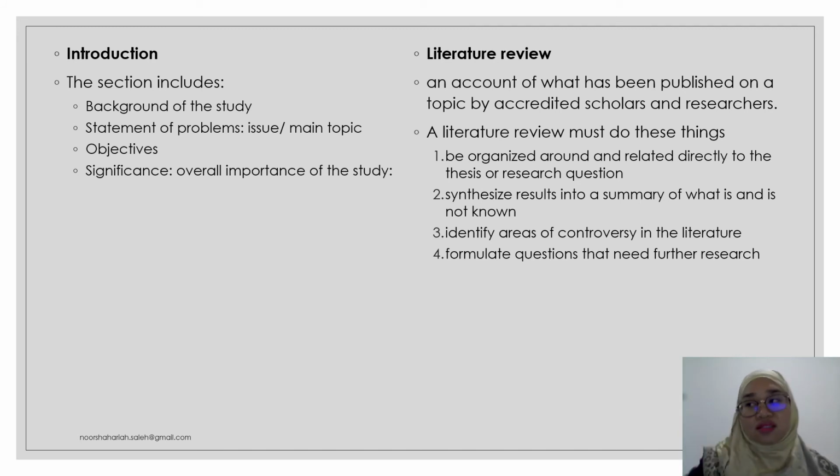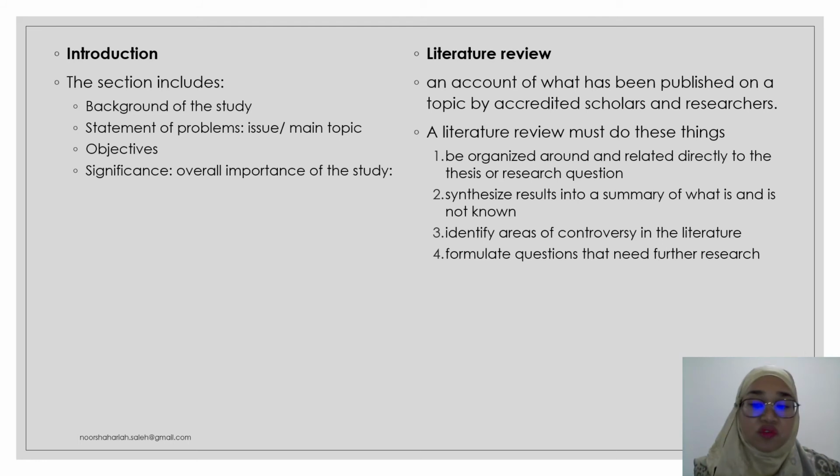Researchers or authors may ask several questions they would like to answer, and that is why they are writing the article. Two, synthesize results into a summary. It is also a part where the current authors share and compare the results, what has been done and what has been achieved so far.